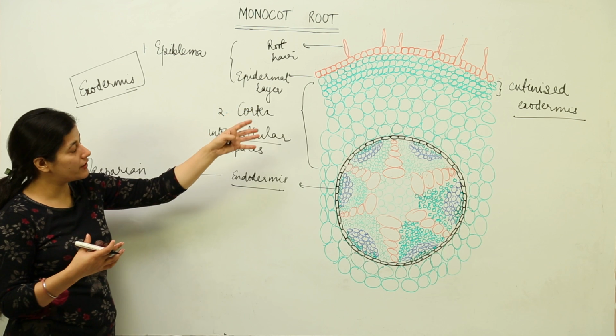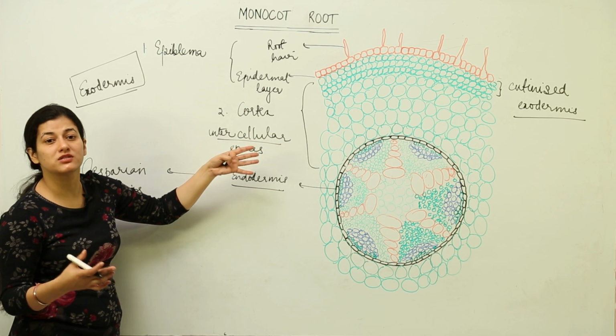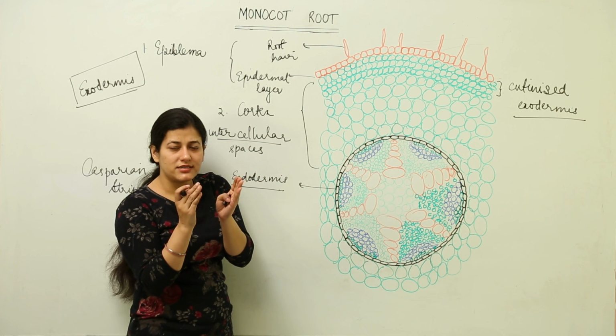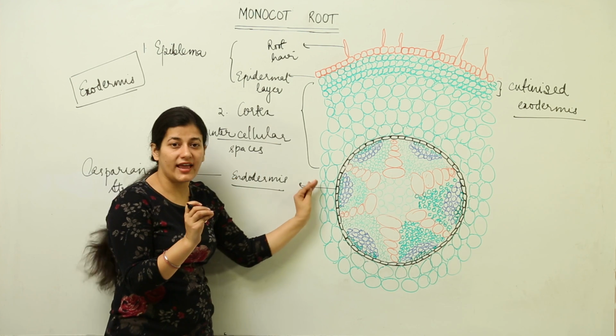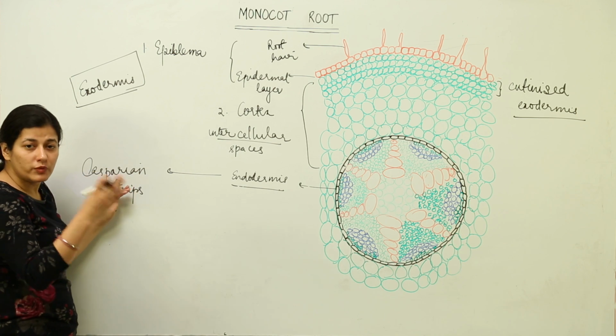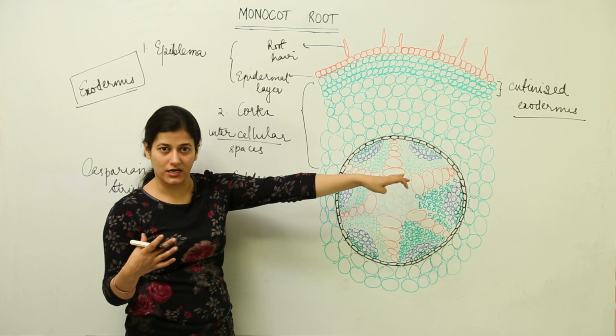You would find root hair, you would find the parenchymatous cells with intercellular spaces for conduction of water, and at the end you find the parenchymatous cells which are closely packed with least intercellular spaces in the form of a layer known as endodermis, which has Casparian strips which are suberized so that no water passes through them. So almost all things are similar.